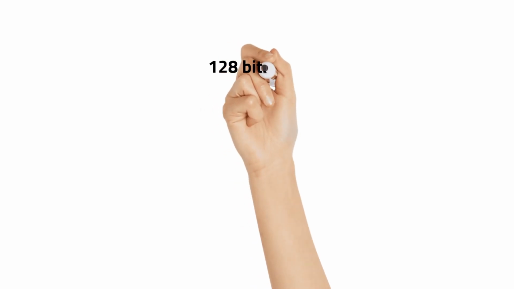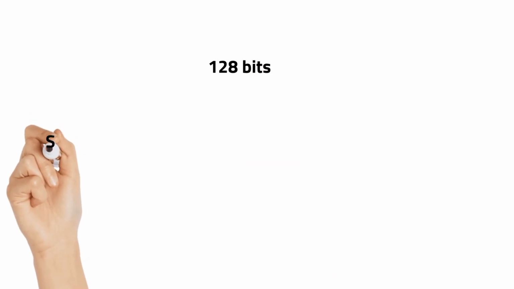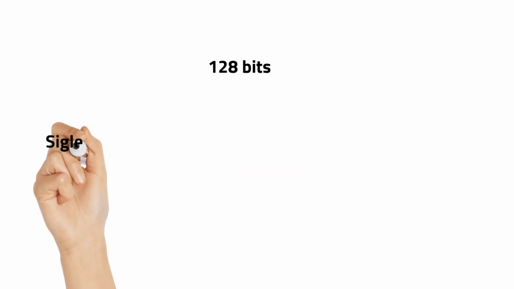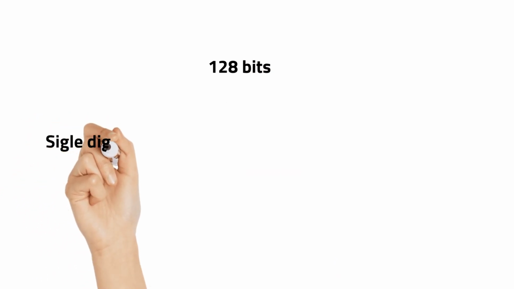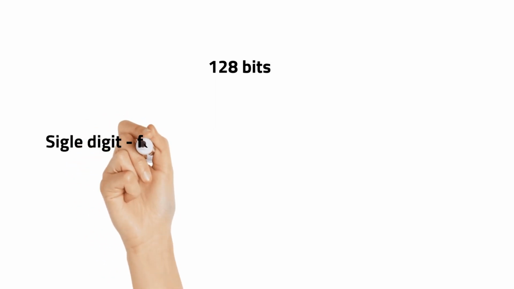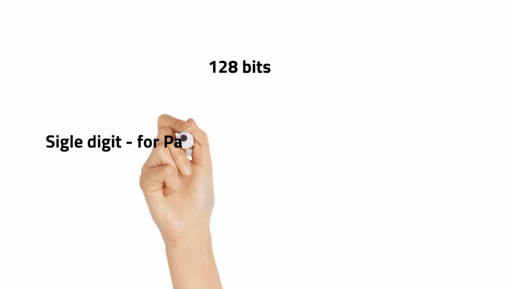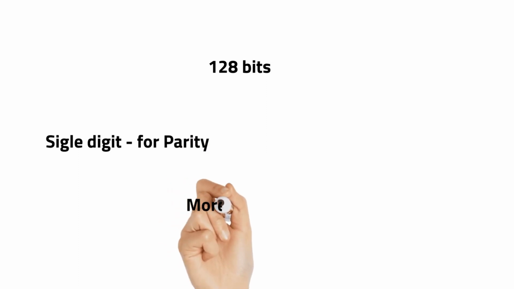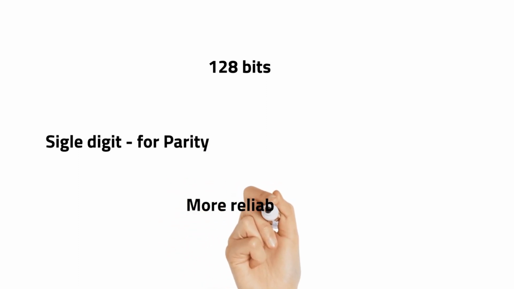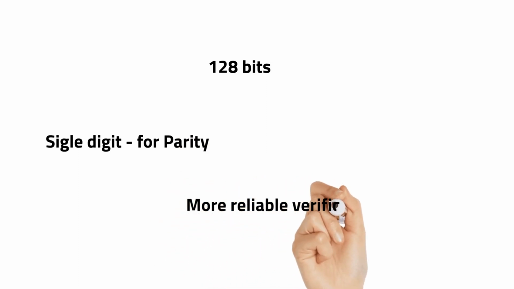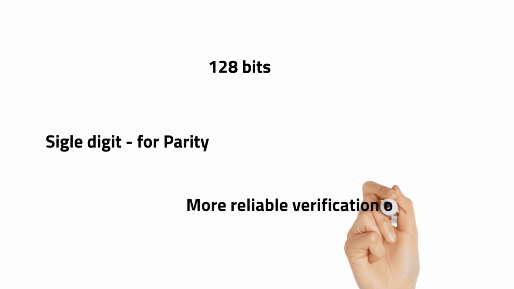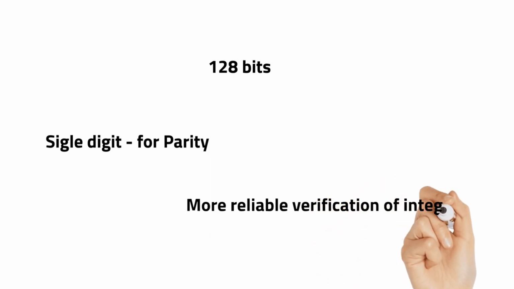However, a single digit value can be used to perform the function of parity, a low level or single digit checksum value used to provide a single individual point of verification. In most cases, the longer the message digest, the more reliable its verification of integrity.